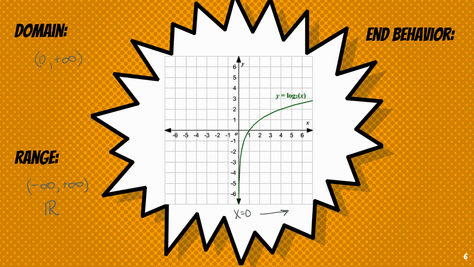The end behavior that we want to talk about is what's happening as we're leaving the graph to the right. So as x approaches positive infinity, what's happening to that graph? It's going to keep going up. F of x is going to approach positive infinity. And then what's happening as x approaches negative infinity? Well, it doesn't, okay? This time x is approaching 0.